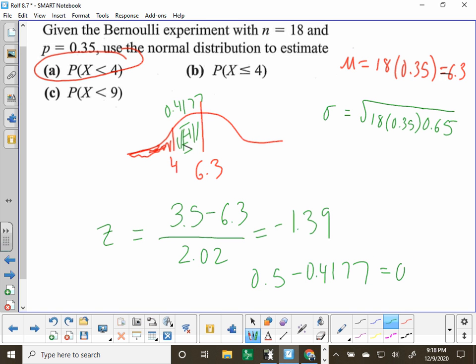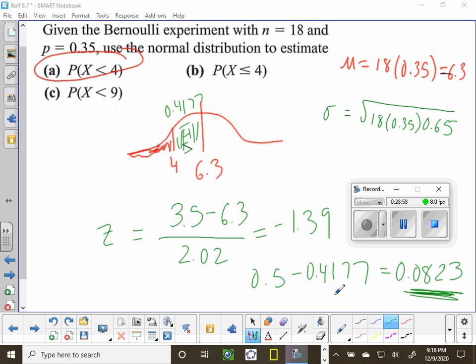So the answer is 0.0823. And that's my answer for that one. Okay, so I think that pretty well explains the second part of this. In about 28 minutes. So there we go.